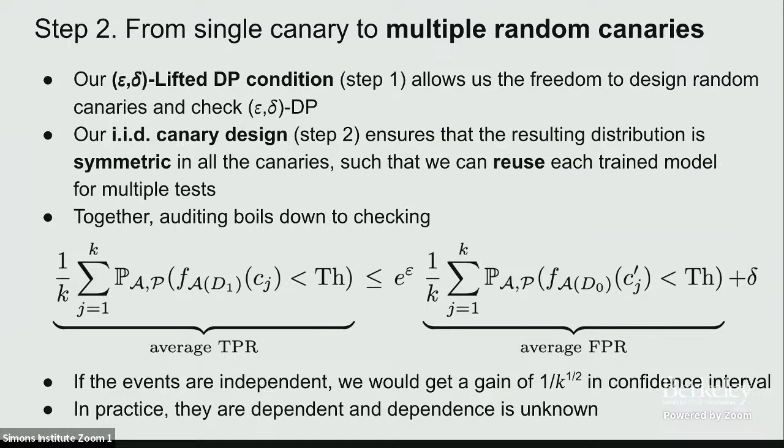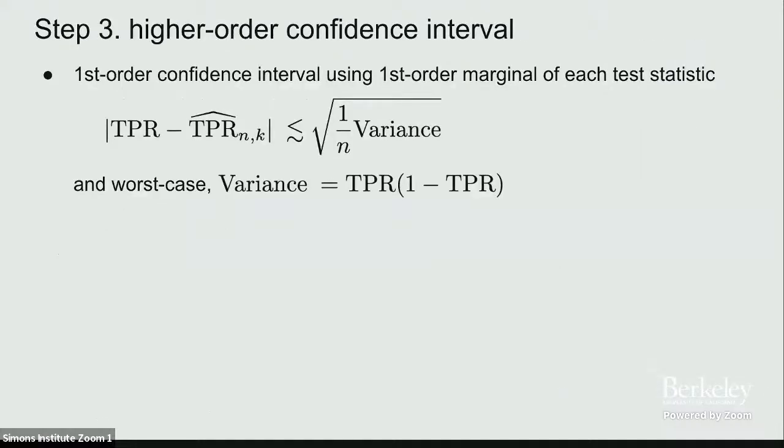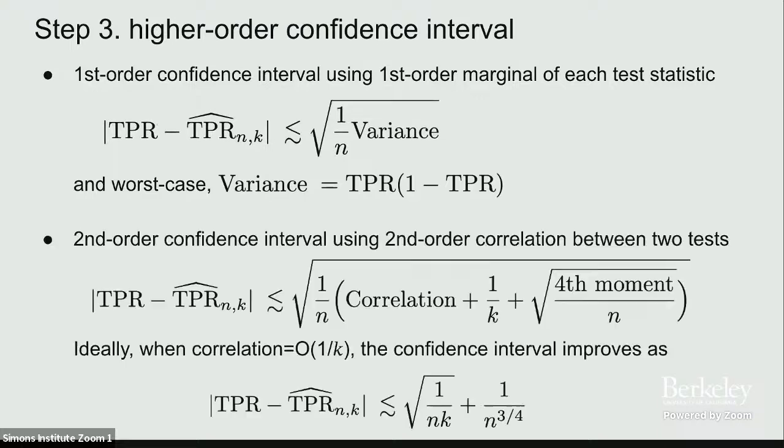So that dependence is unknown. So what we can do is go back to giving a confidence interval that only depends on n, because the outer loop is n times. So we can ignore the fact that we've added k canaries and just forfeit the gains we get from that. But that's really not what we're after, because if we wanted that, we wouldn't have used the k canaries.